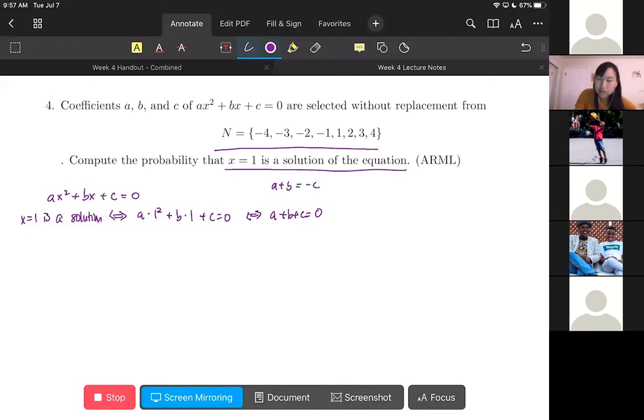Yeah, so we could break it down into a couple of cases. Let's consider the case where one of the numbers is positive. Let's call this case 1. And then case 2, where two of the numbers are positive.